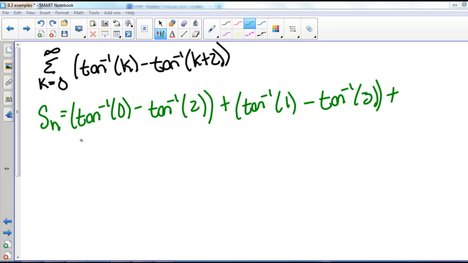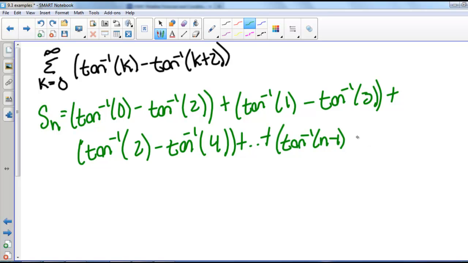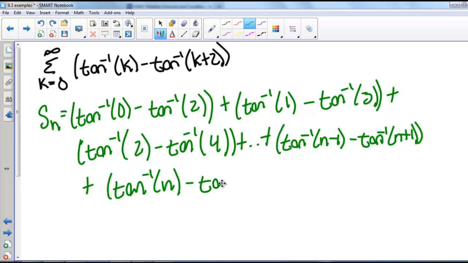plus inverse tangent of 2 minus inverse tangent of 4, and so on, plus the n minus 1 term would be inverse tangent of n minus 1 minus inverse tangent of n plus 1 plus inverse tangent of n minus inverse tangent of n plus 2.